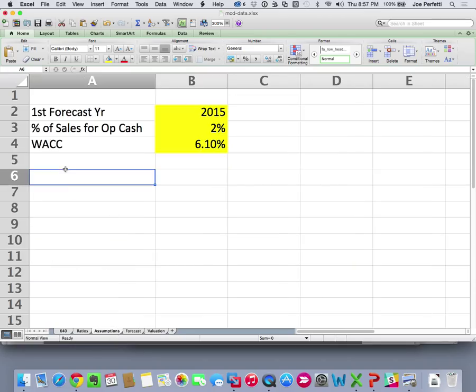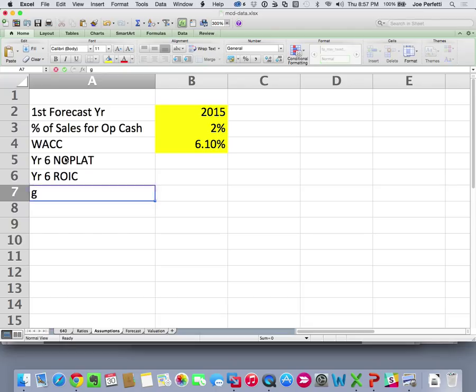I need, and I'll put it here, I need a year 6 NOPLAT. I need a year 6 ROIC, and I need a G. Long-term growth, very, very long-term growth rate for McDonald's.